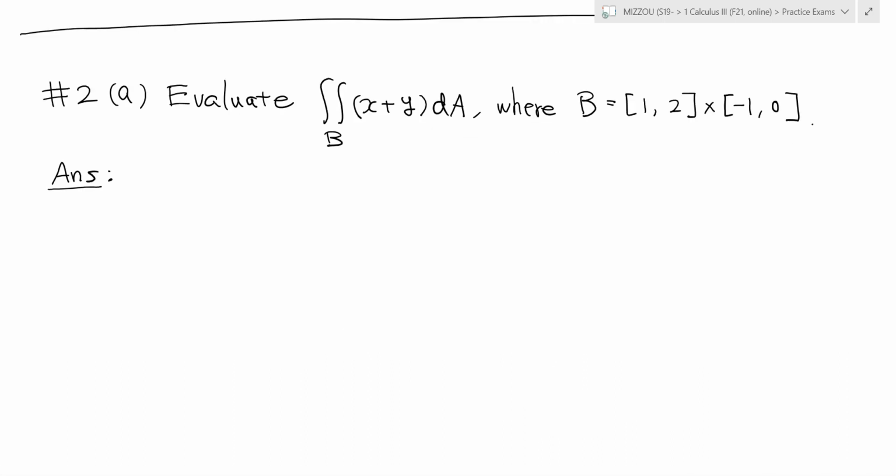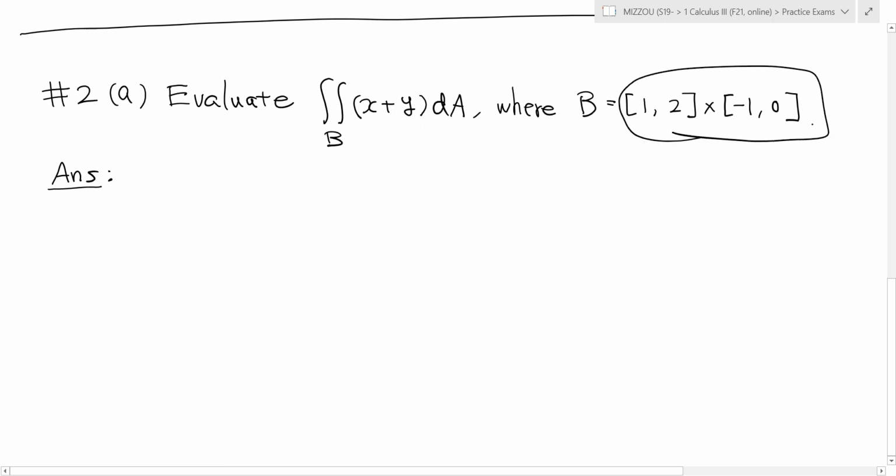Problem number 2, part A. Evaluate this double integral where B is the region given this way. Remember, this means x is from 1 to 2 and y is from negative 1 to 0, so it's a rectangular region, although you don't have to write down the picture for this.